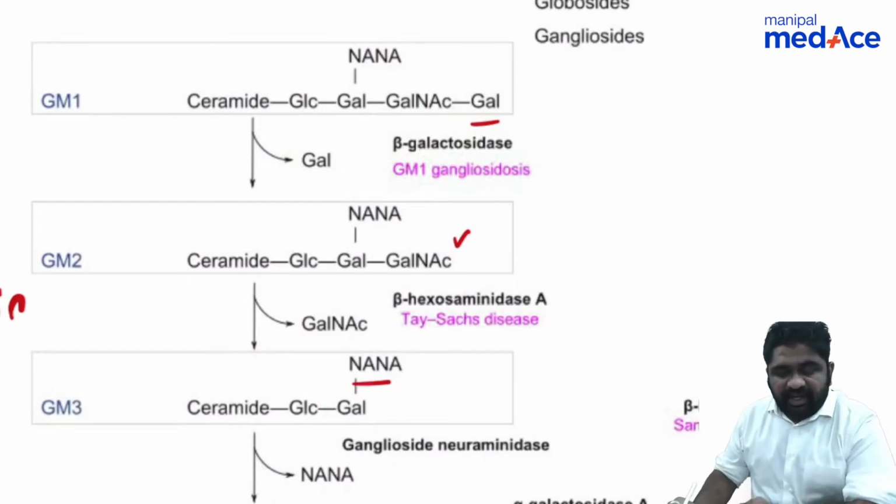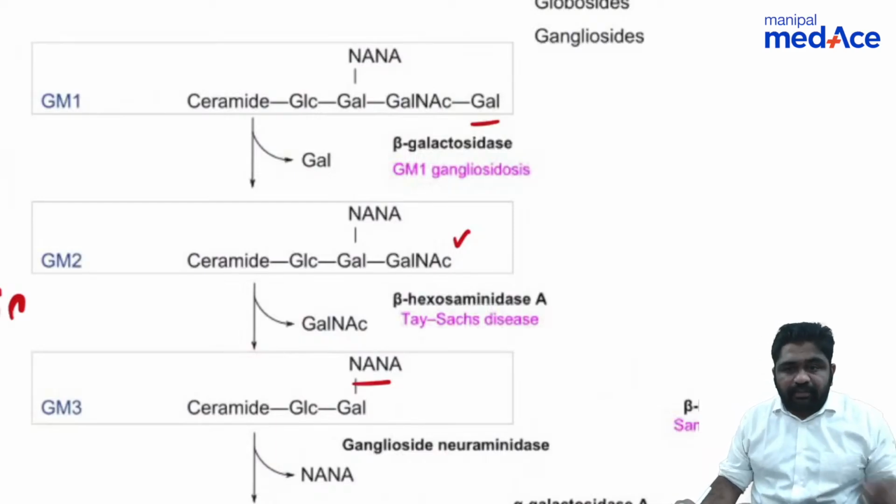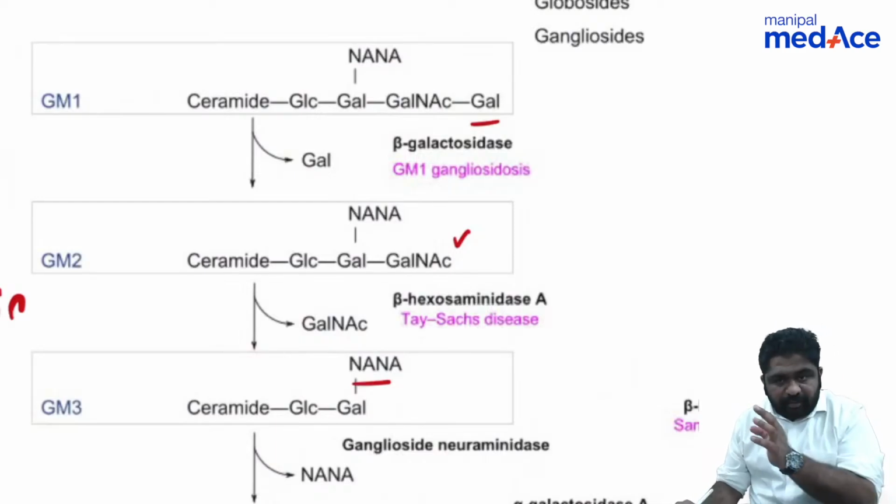Excellent. GM1 is the biggest. Now, what is the microbiology information you remember from GM1? What is the integration between biochemistry and microbiology here?